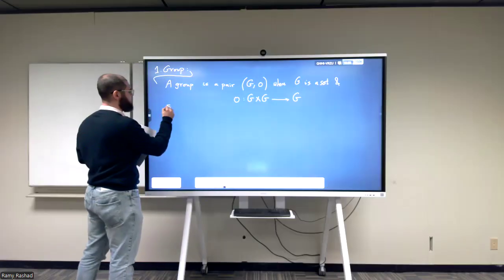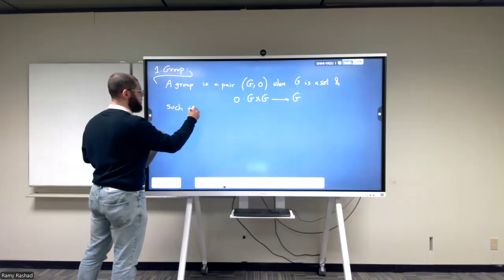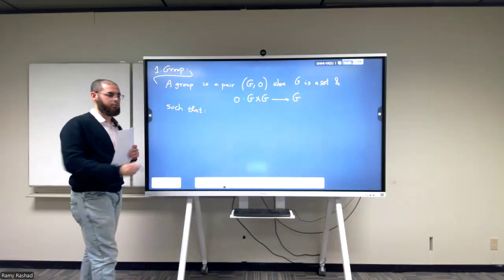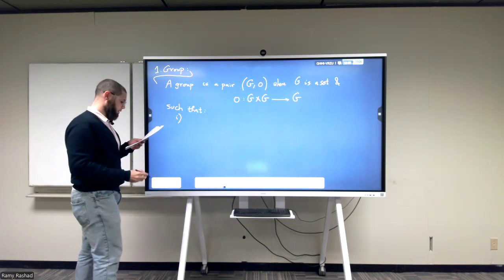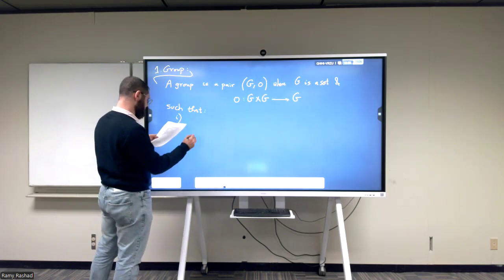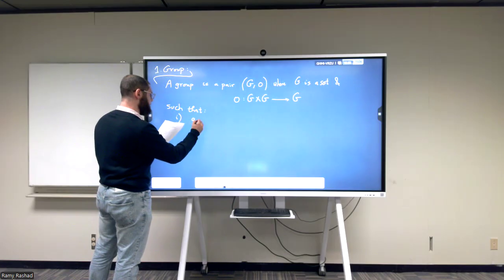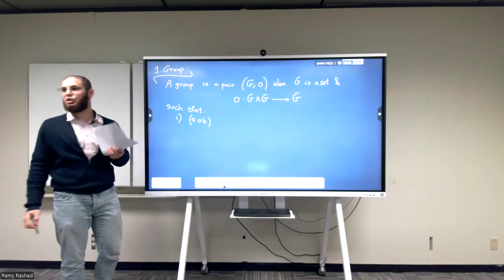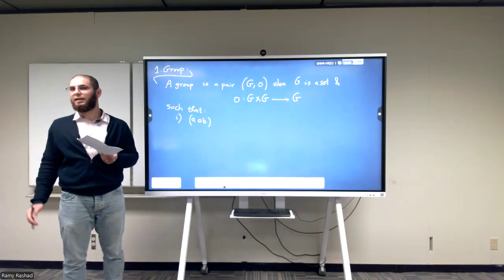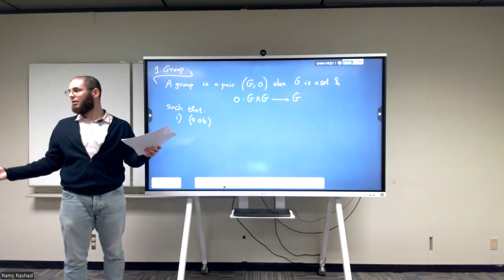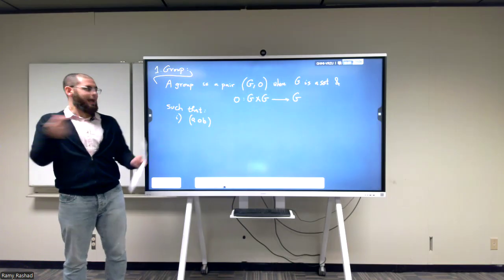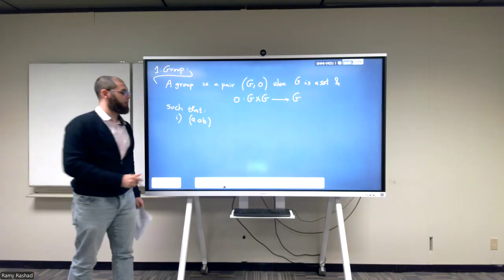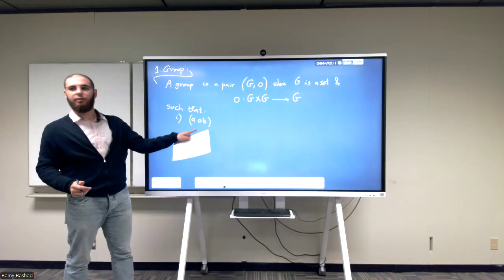And such that we need to satisfy some conditions. The first one is that if I take one element A and one element B in G, and I have the map act on both of them, this is another way of writing the map.